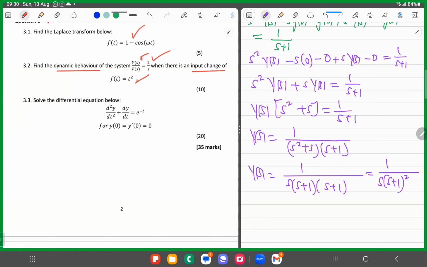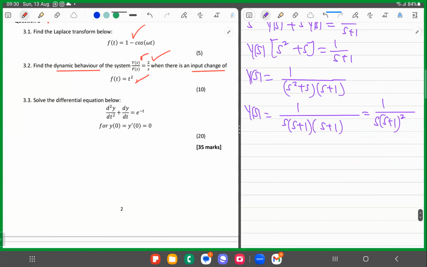Now this, for us to get this, we must use partial fractions like we did before.